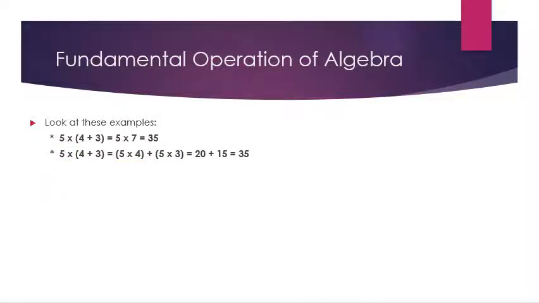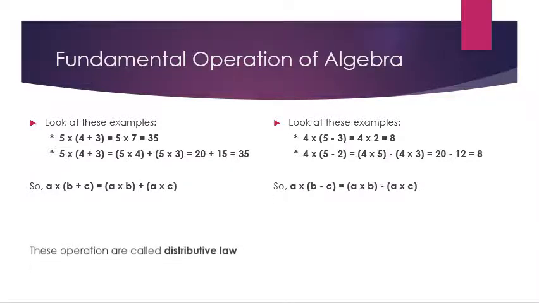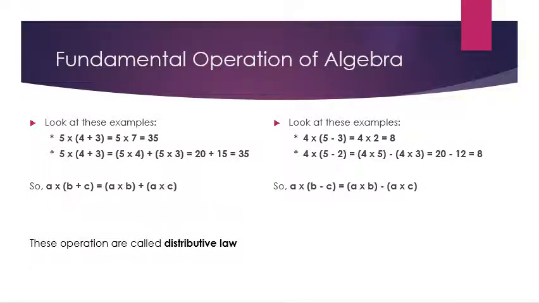Okay, now we continue, and this shows that a multiplied by inside the bracket b plus c equals a multiplied by b plus a multiplied by c. And this also goes with subtraction. So the distributive law is when you distribute by multiplying first and then do the addition or subtraction.